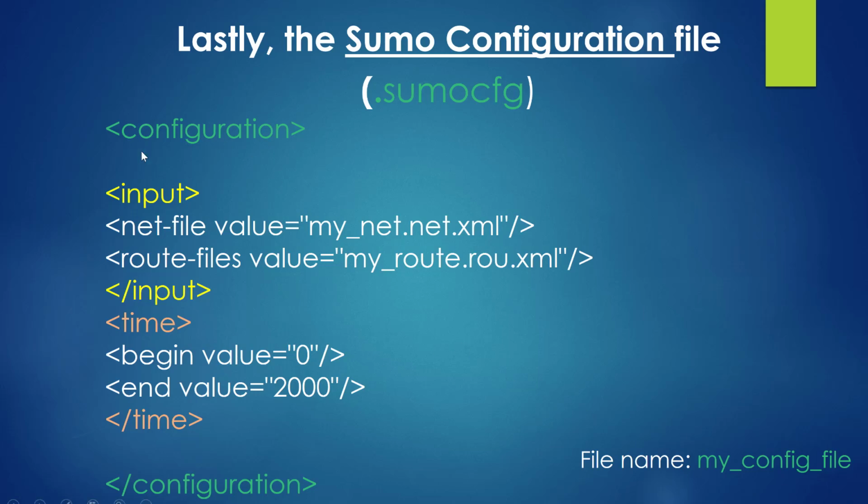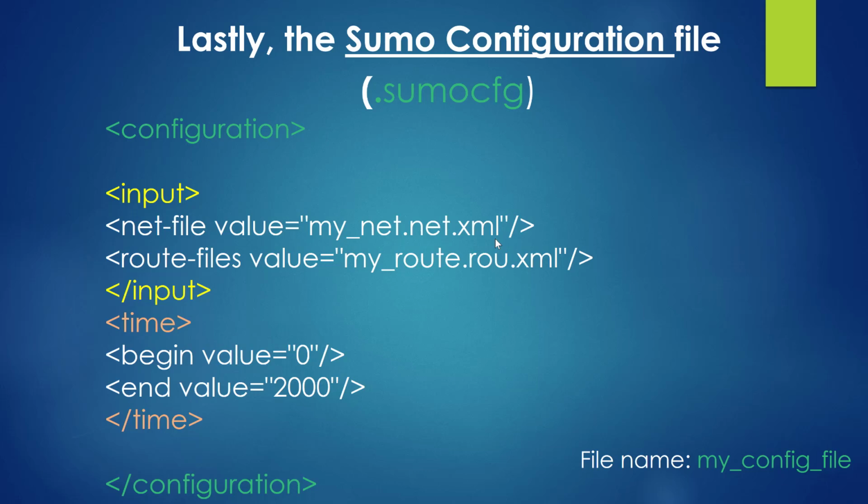We have the input that consists of our network, with the name of the network that we have just created, mynet.net.xml. And the route file, we call that myroute.rou.xml. Those are the inputs for this case.